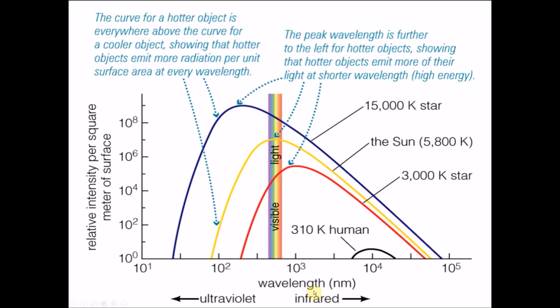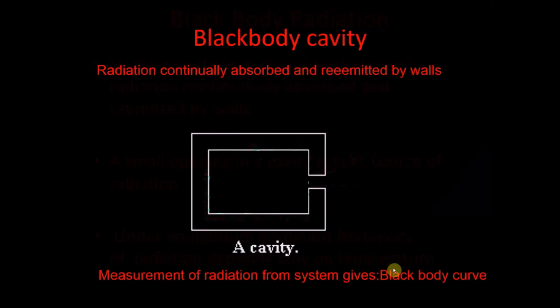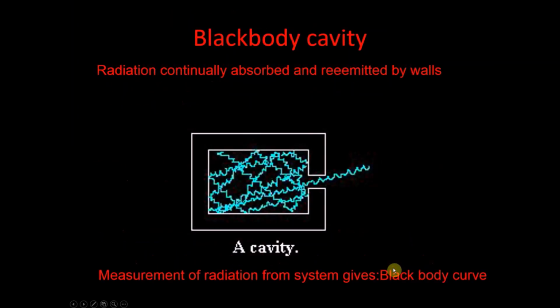The box that we just looked at would be down here in the infrared in a similar region to the human with a very, very similar profile. And that's why we call it black body radiation, because even though it's giving out energy, it's giving it out in the infrared in this case.